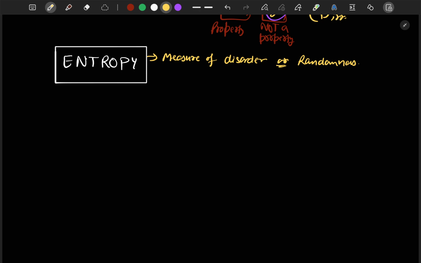It's okay that entropy is a measure of disorder or randomness, but how is it significant in our study? This entropy tells us many things. It is significant to measure irreversibility. We know that entropy increases in an irreversible process, since ds is always greater than del q by t.